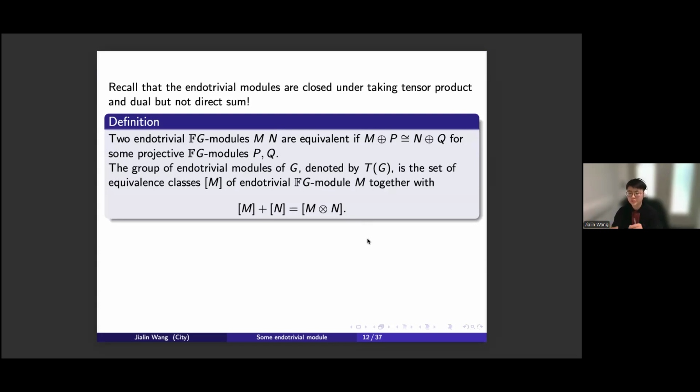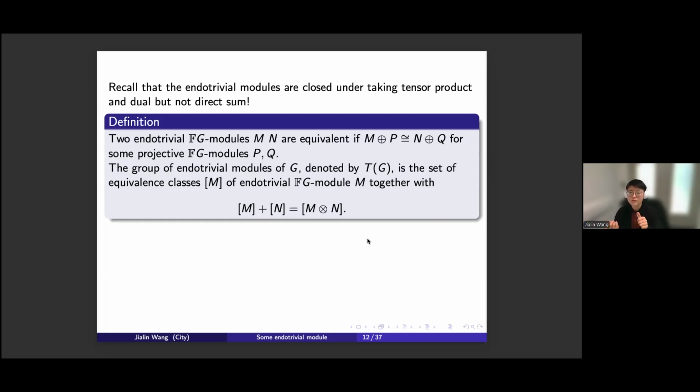To be more explicit, M is equivalent to N if M plus P is isomorphic to N plus Q for some projective modules P and Q. And then you can take the equivalence classes of endotrivial modules.